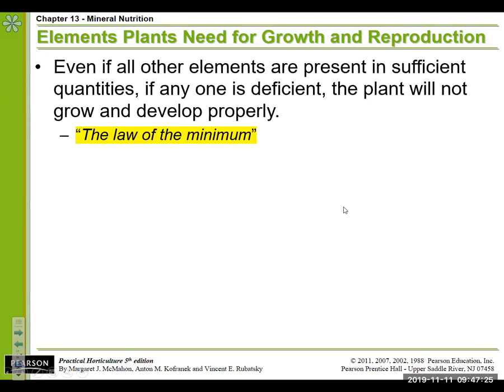We can't get it to finish its life cycle, to produce optimally, unless we have that element in sufficient quantities. So this is where the law of the minimum comes in. Any one element can limit the plant's complete life cycle.